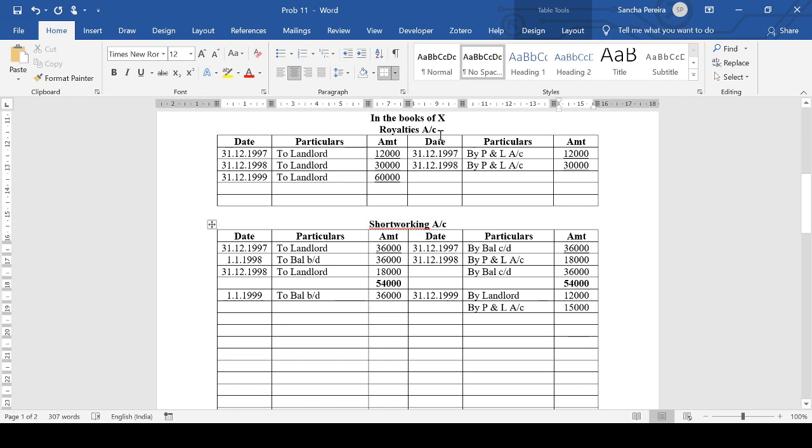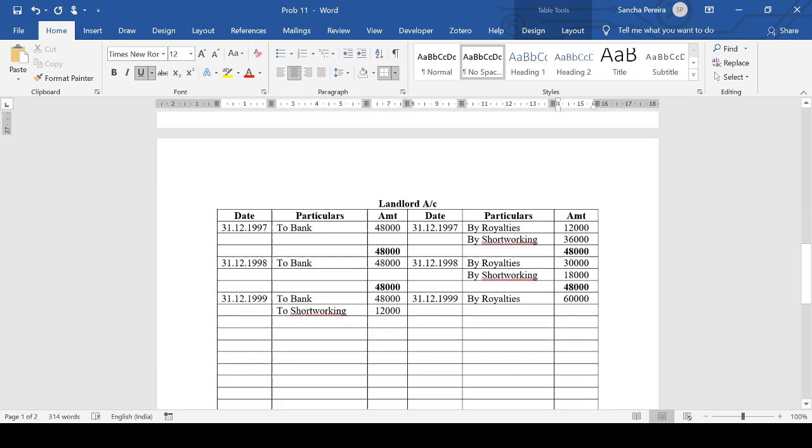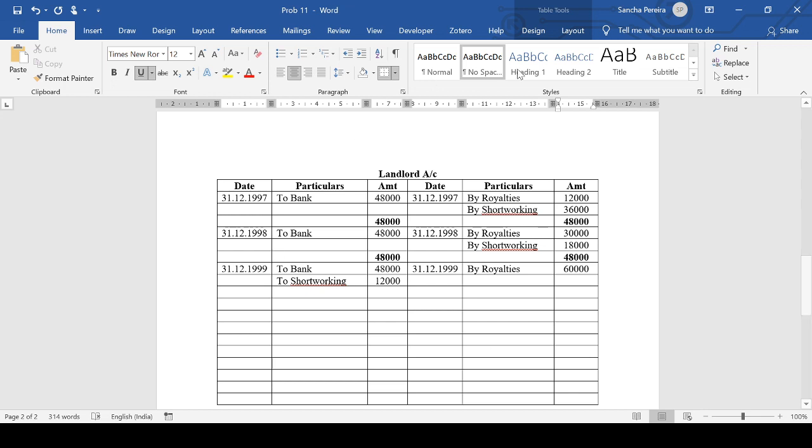Okay. And the last entry is transfer the royalties to the P&L account, 60,000. So close this. This will automatically tally. You have a total of 60 here.